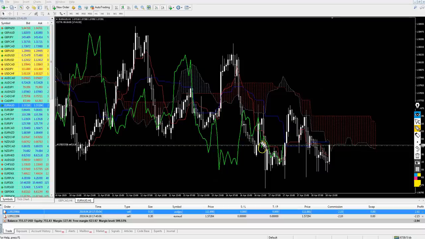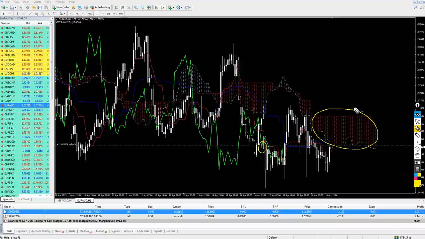This was a previous support, and especially seeing this big red cloud helps us feel more satisfied about our entry. Seeing the red cloud here gives more confidence that this market is falling down.